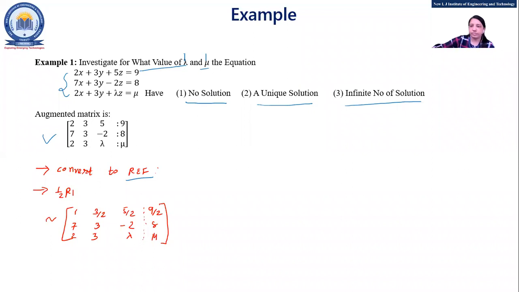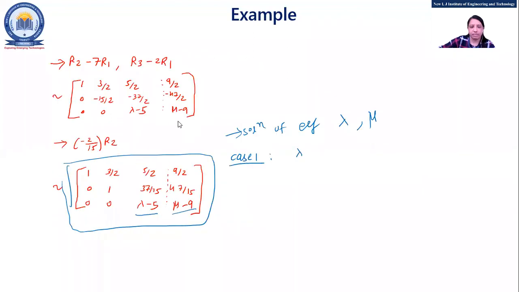Yeah. So we have solved that example up to this point. Now the other one is: for which values of lambda and mu? So here it's the final equation, lambda minus 5, mu minus 9.